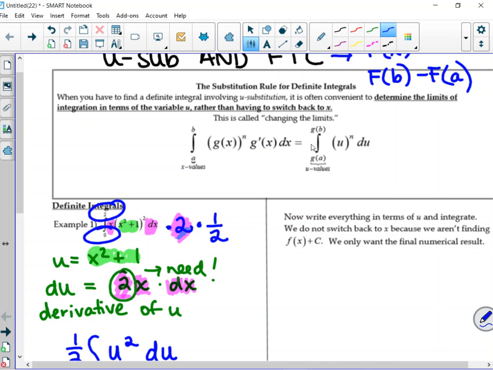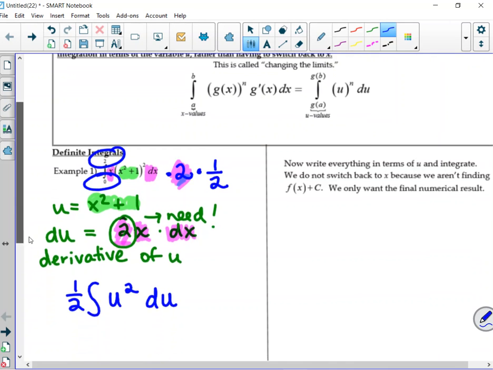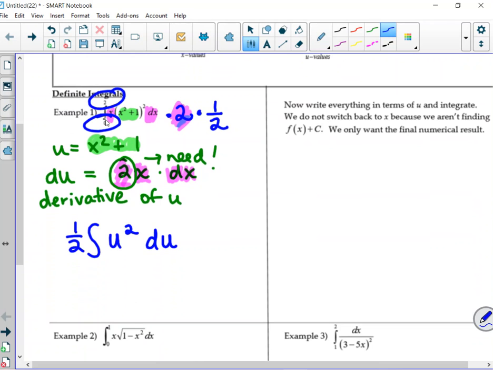I need to change them into the correct values when I write this problem for u instead of x. So an x of 0 is going to become a different u number, and this 2, which is an x number, is going to have to become a different u number.